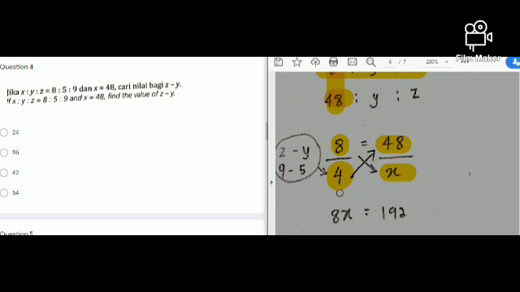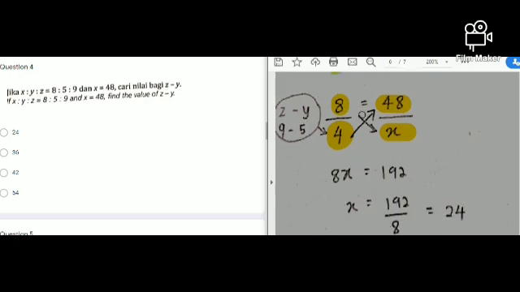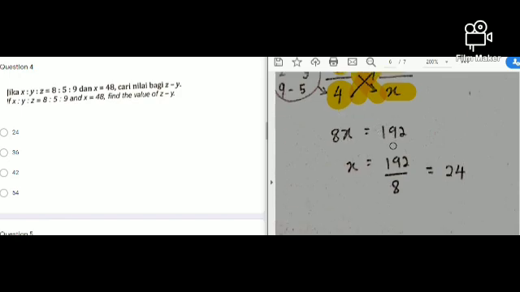So as usual, when you want to find x, you do a cross multiply. So 8 times x, you will get 8x equal to 48 times 4, that is 192. So x is 192, you divide it by 8. The final answer is 24.